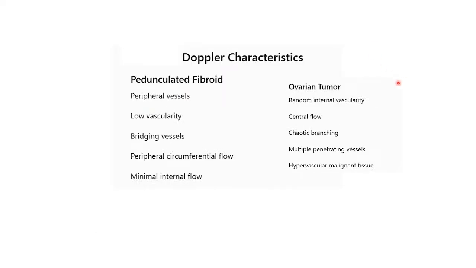So the Doppler characteristics. The pedunculated fibroid has peripheral vessels, low vascularity, bridging vessels, peripheral circumferential flow, and minimal internal flow. Whereas an ovarian tumor has random internal vascularity, central flow, chaotic branching, multiple penetrating vessels, not a bridging vessel, and hypervascular malignant tissue.